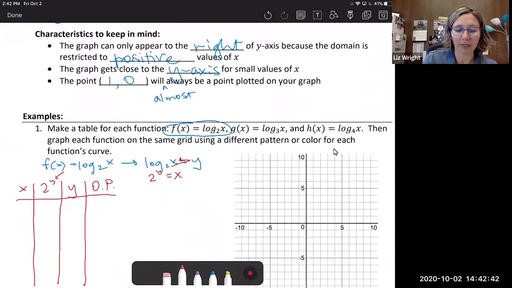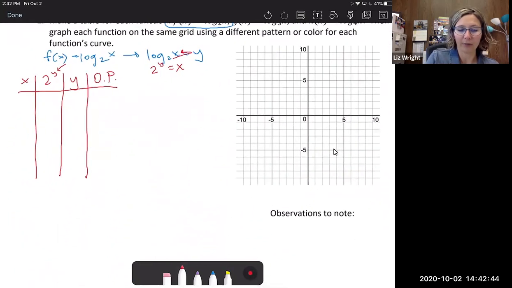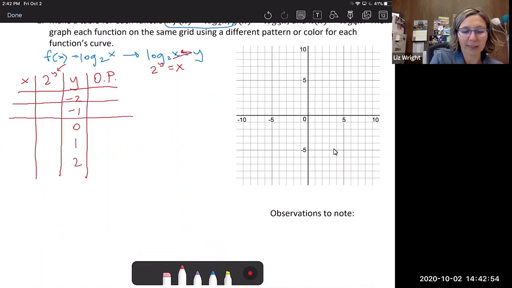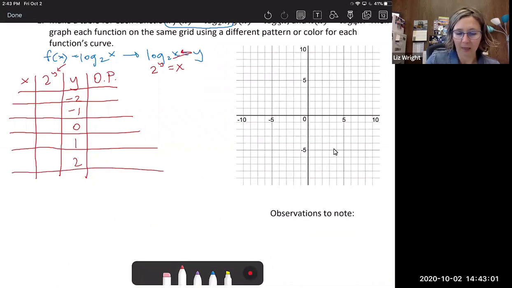So 100% of the time, we are going to use the values just like we did for exponential: -2, -1, 0, 1, and 2. We're filling them in for the y's because we converted our log function into exponential form.